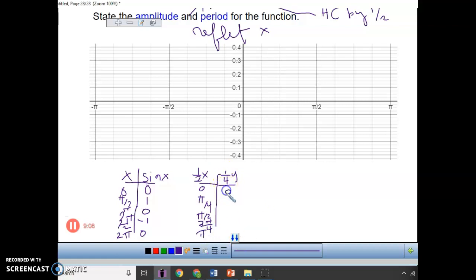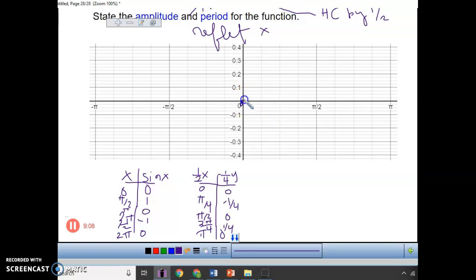And then you'll do the same thing with your y's. So we'll have 0, -1/4, 0, oh, I lie, it's +1/4. Oh yeah, it is -1/4, +1/4, and then 0. You would simply take these points and graph them on the grid that I've given you.